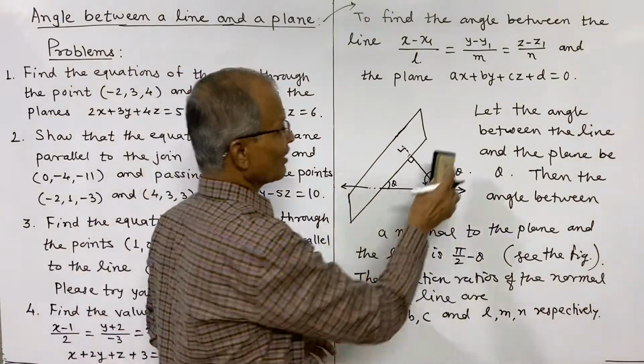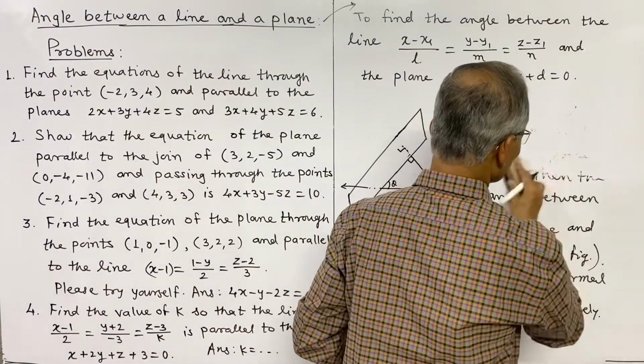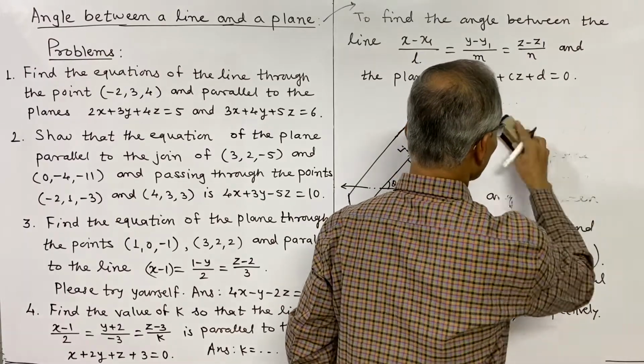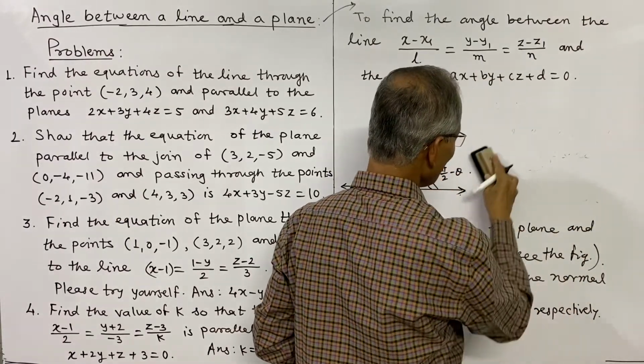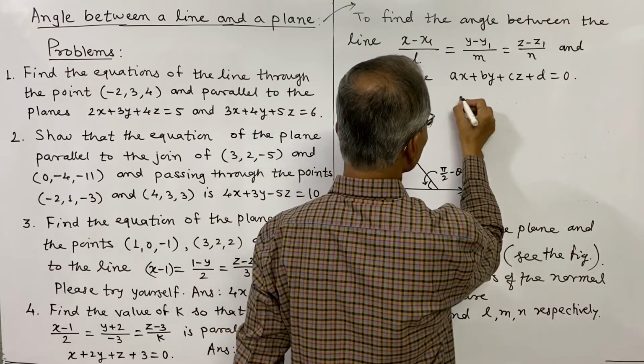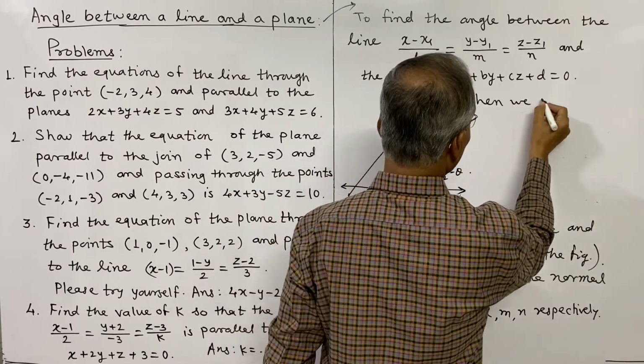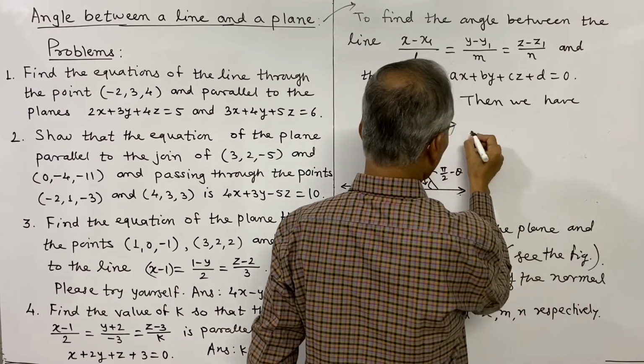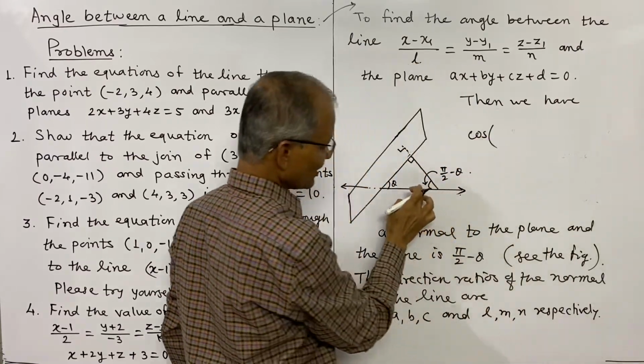So therefore we have the formula, cosine of the angle between two lines. Then we have cos of pi by 2 minus theta.